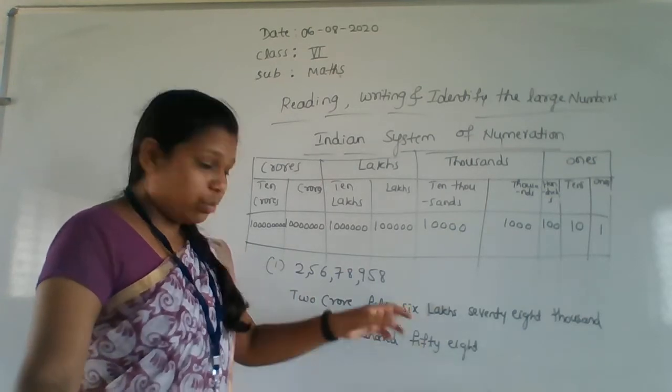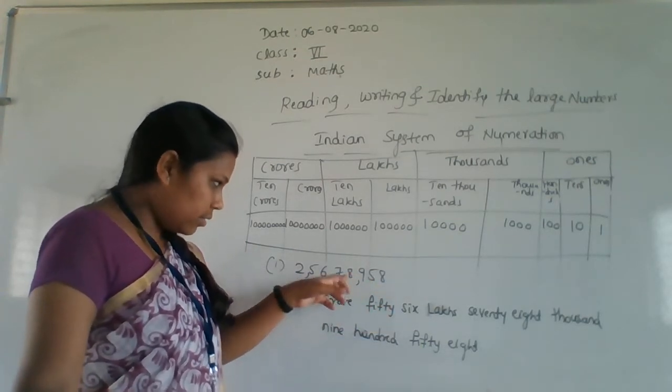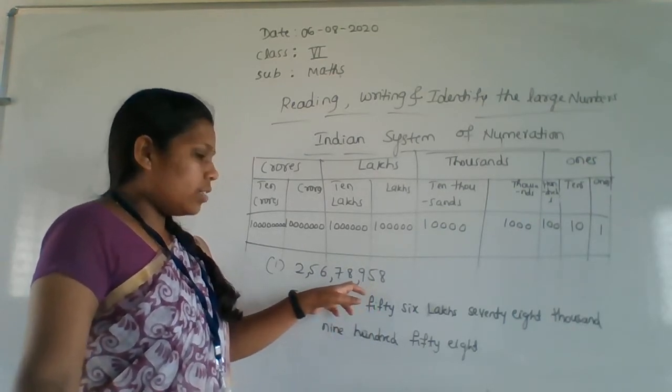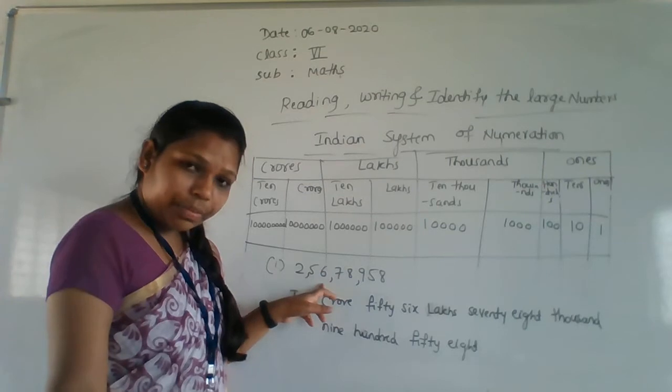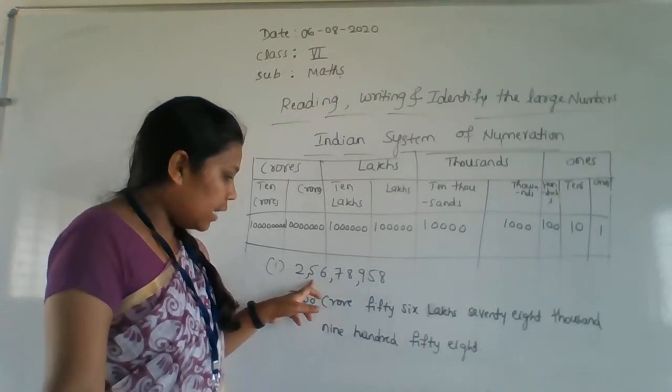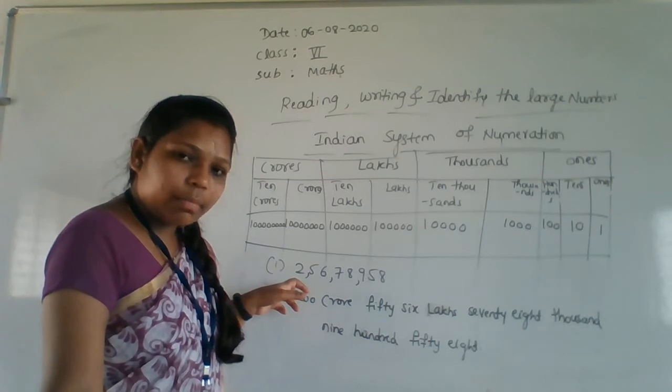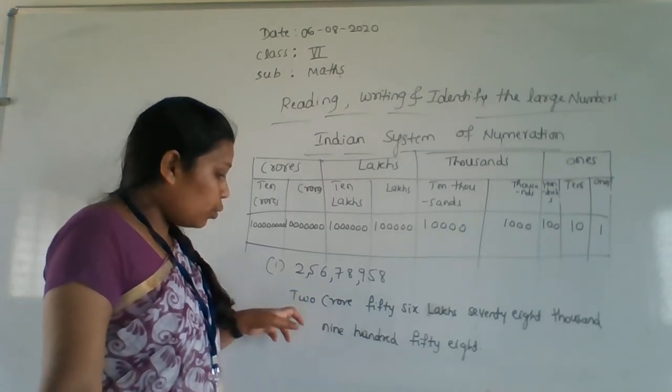Count the place values, ones, tens, hundreds, like that you have to count. Okay, so here is a 1000, 10,000, here is a lakh and 10 lakh, after that crore is there. So for this number, what is the number we have to give here? 2 crore.